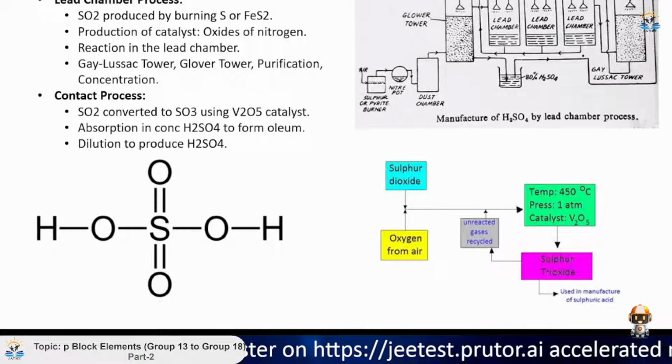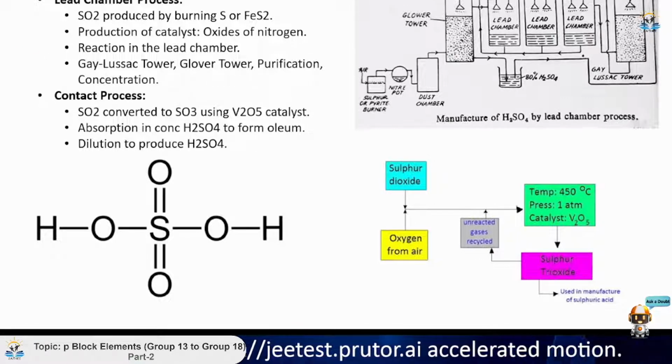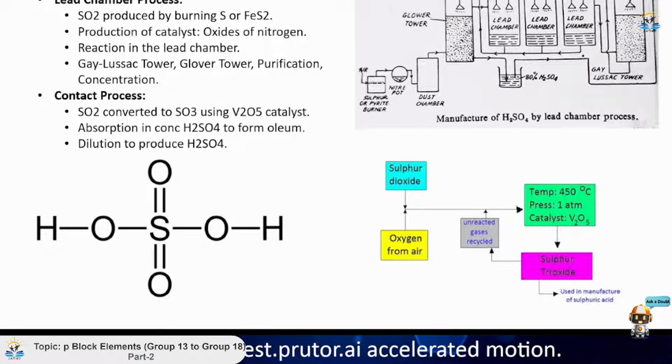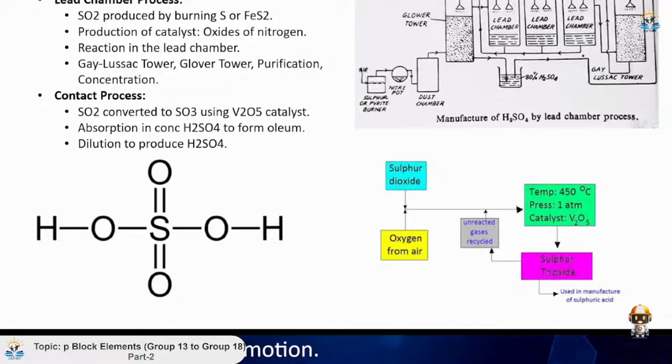And now how do you form oleum? You have sulfur trioxide, right? So let me write those reactions down. The first reaction is SO2 plus O giving rise to SO3. So this is what happens in step one.